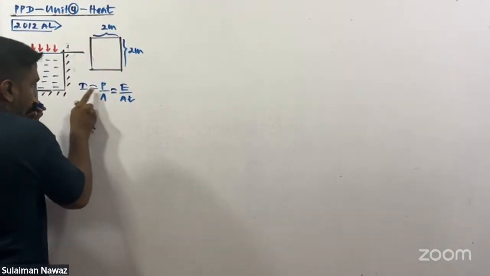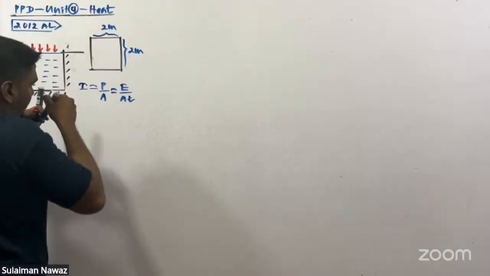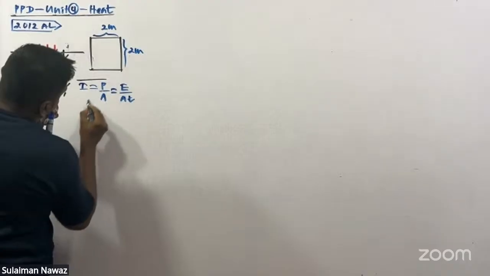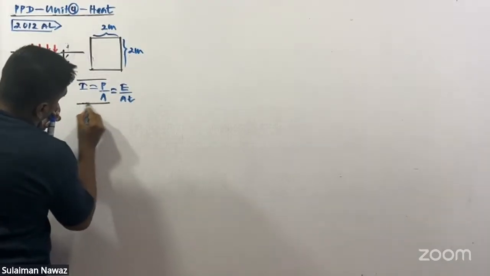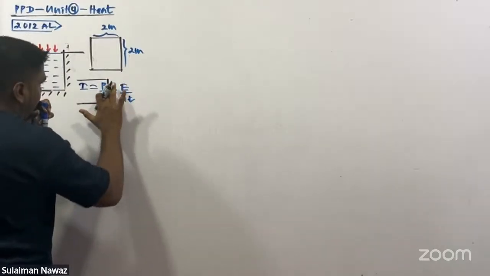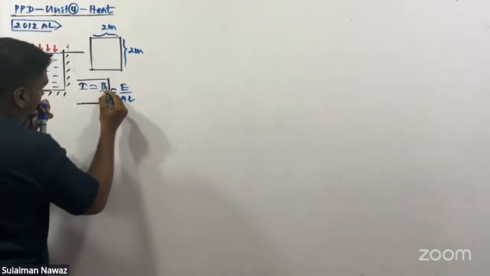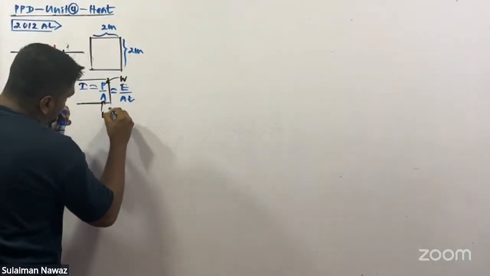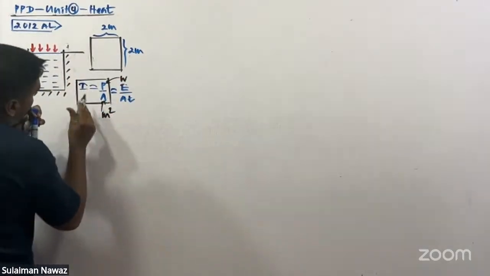Therefore, normally we say intensity means power over area. What are the units of intensity? The units of intensity is power measured in watts, area measured in meters squared. Units of intensity will be what?